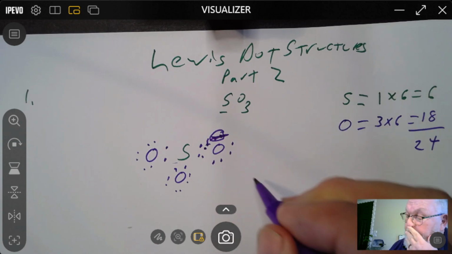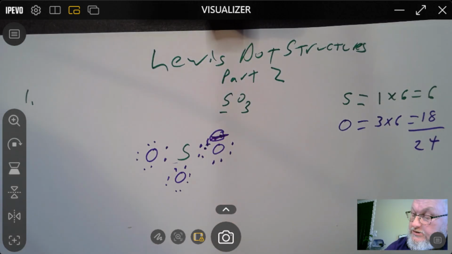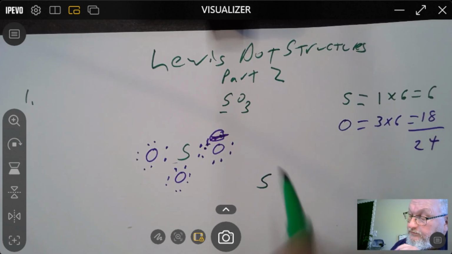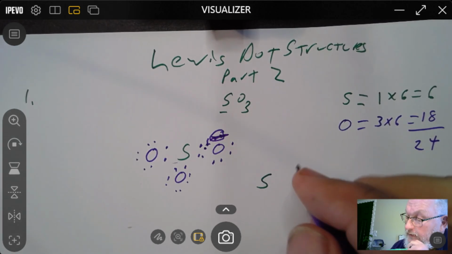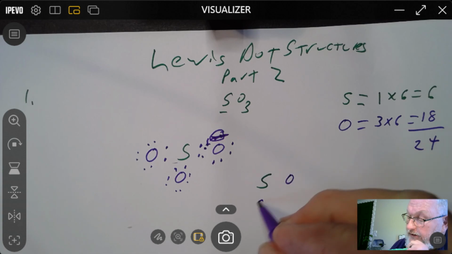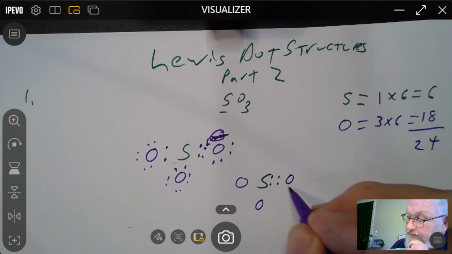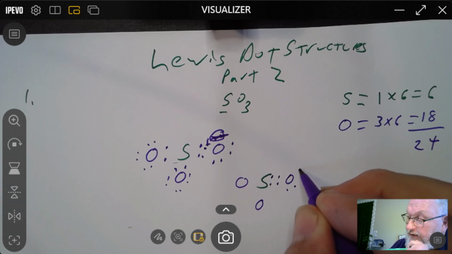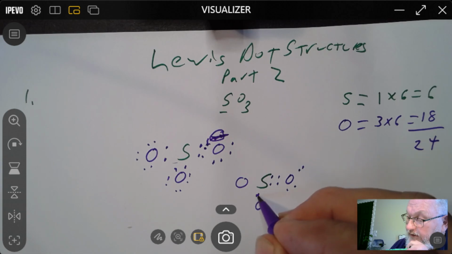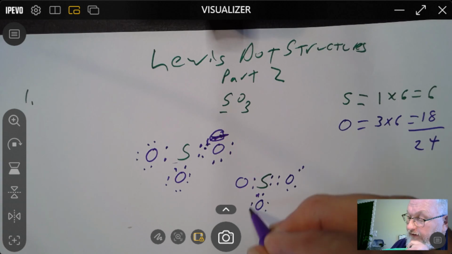Okay, I'll redraw it. Sulfur, oxygen, oxygen, oxygen, and the dots, 4, 5, 6.